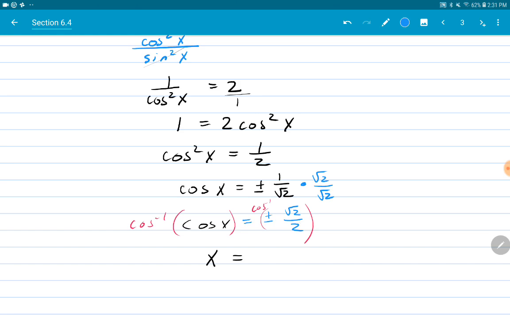So I'm looking for all cosines. So that would be pi over 4, 3 pi over 4, 5 pi over 4, and 7 pi over 4. And that is my entire solution.